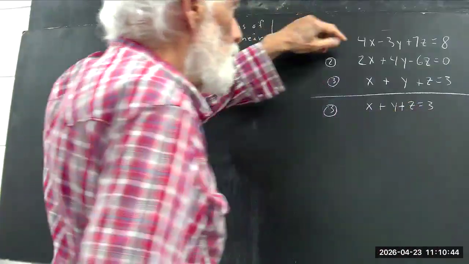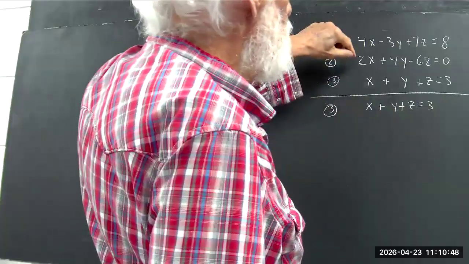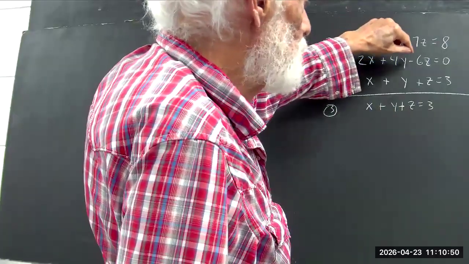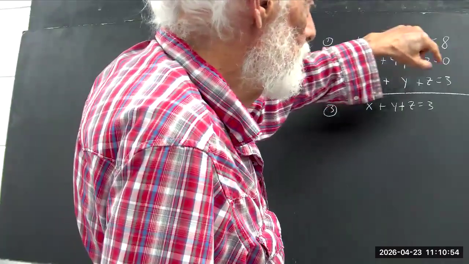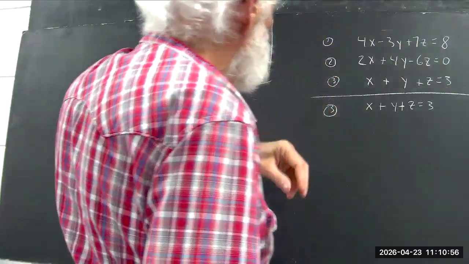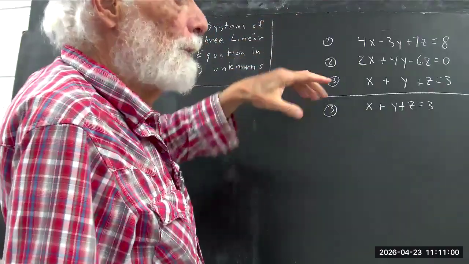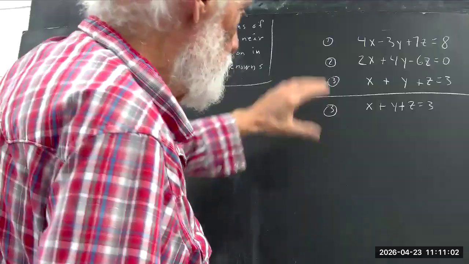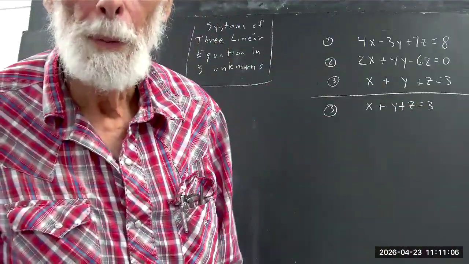Okay, now the equations are 4x minus 3y plus 7z equals 8, 2x plus 4y minus 6z equals 0, x plus y plus z equals 3. I numbered those equations 1, 2, and 3 with circled numbers so we don't confuse them with numbers that we're using in the equations.